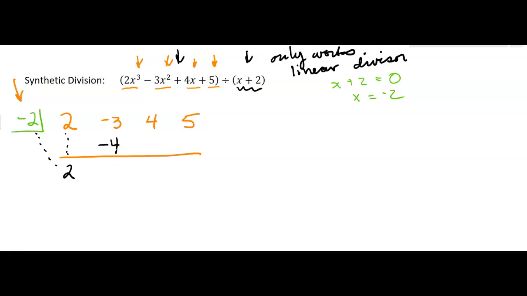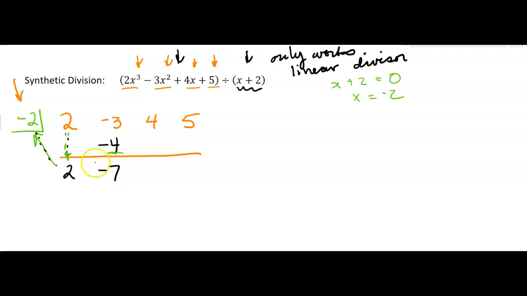So a lot of books will show it with these dotted lines. Sometimes it's helpful, sometimes it's more confusing. But that's what we're doing. The first number always comes straight down, 2. And then you're going to multiply that times the box and put it in the next column. Then you're going to add -3 and -4. That's -7. And then you keep doing this procedure.